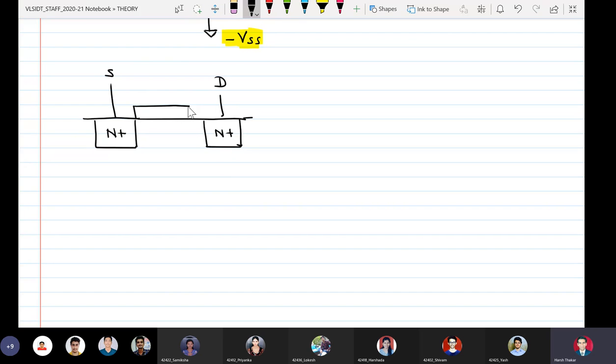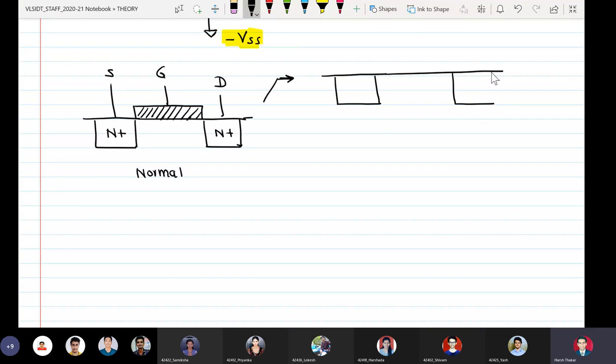And we know that the exact structure should actually look like this. Here I have my SiO2 layer, connect, this is normal. This is my normal NMOS. On the other hand, if my structure becomes like this, N plus and N plus, because of error in fabrication, gate, drain and source, then this is similar to this.